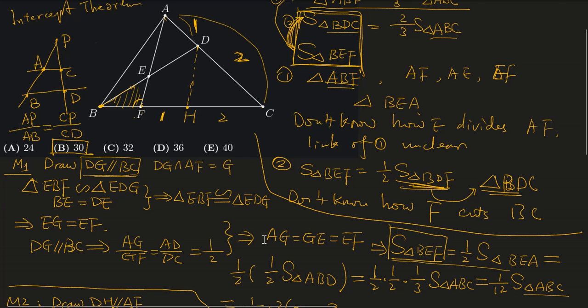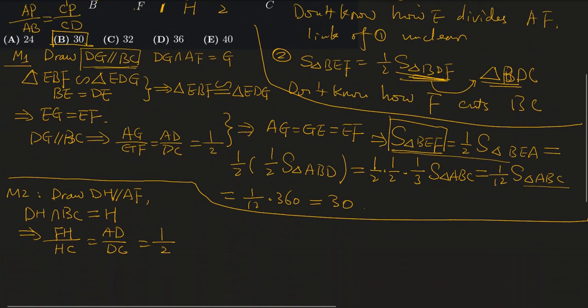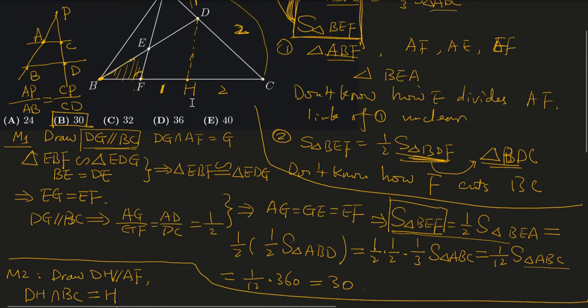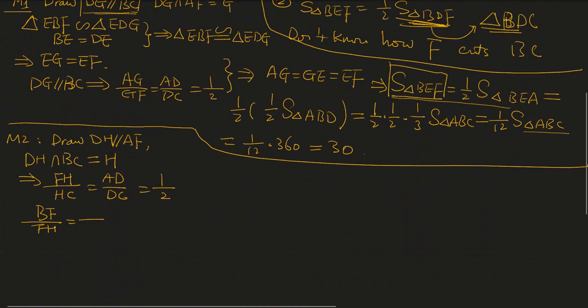And don't forget, we also have the line BD and BH, which intersects EF and DH. Then by the Intercept Theorem again, we have BF to FH equals BE to ED. And don't forget, this is 1 to 1, right?